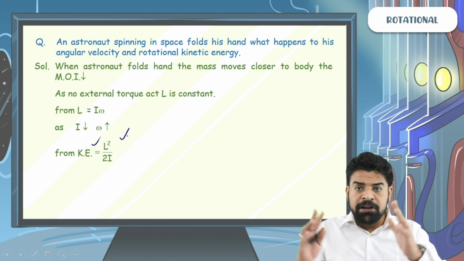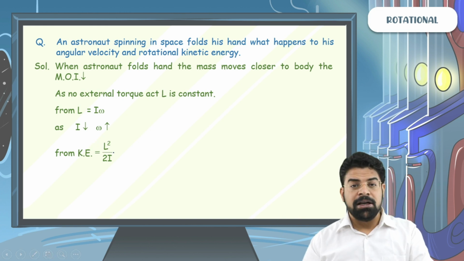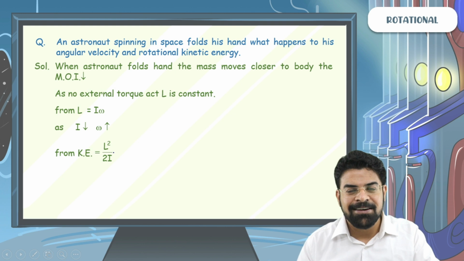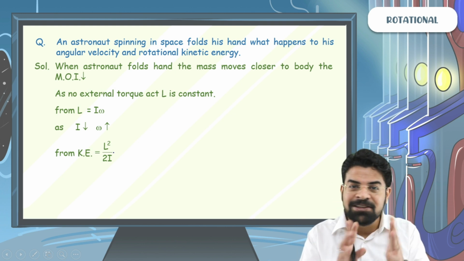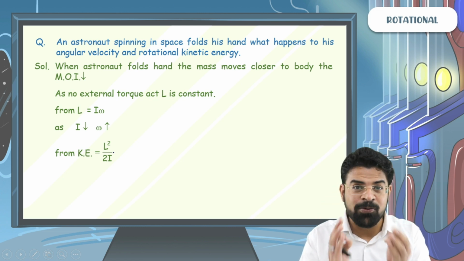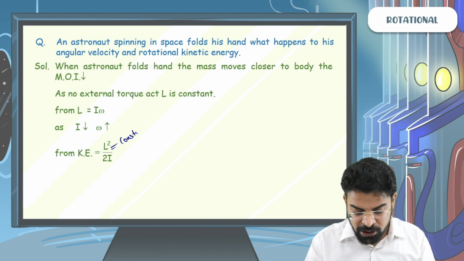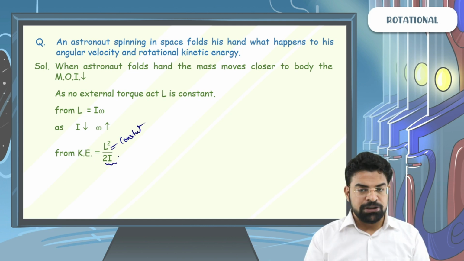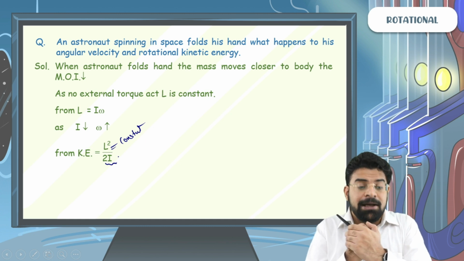From kinetic energy equals L squared by 2I, tell me, when the astronaut folds the hand, what happens to the angular momentum? Does it increase or decrease? Sir, we are learning angular momentum conservation. There is no external torque acting, so the angular momentum has to be constant. So L will be constant. What happens to the moment of inertia? As the person folds the hand, the moment of inertia decreases.